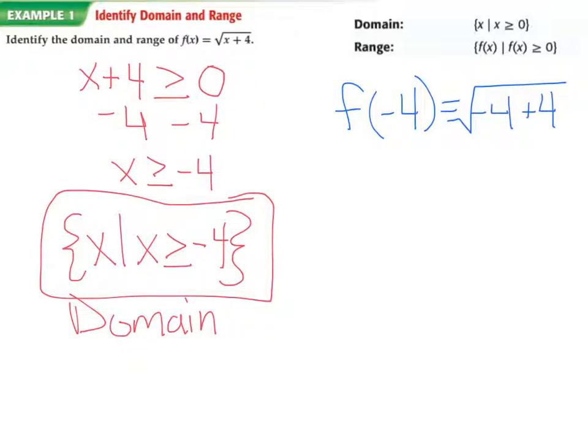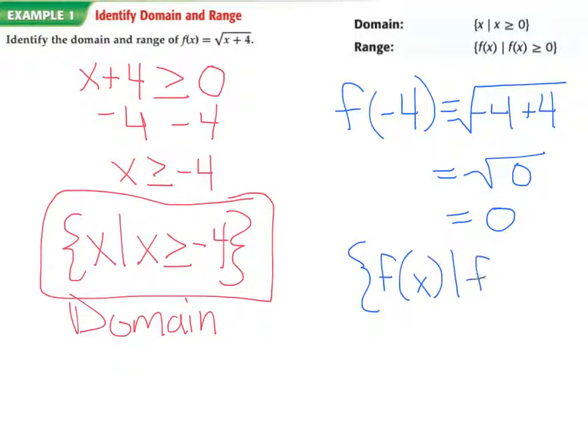When we solve this out, we're going to have the square root of 0, which is just 0. So when we're writing the range, we want to write given f of x is greater than or equal to 0.